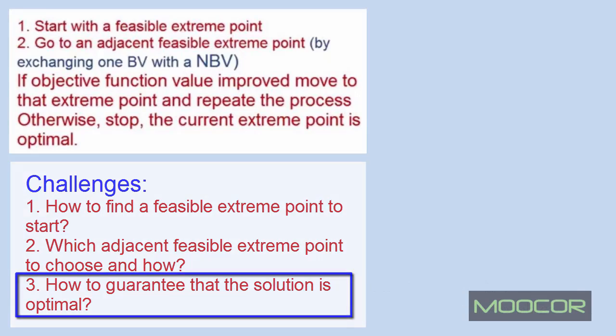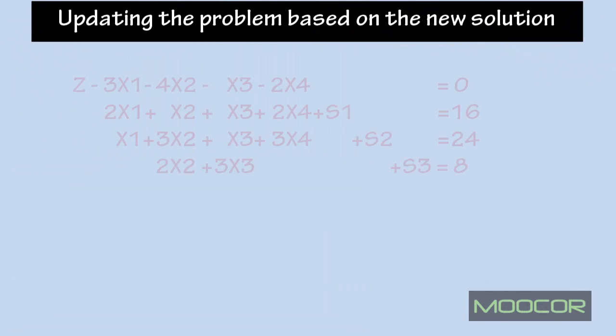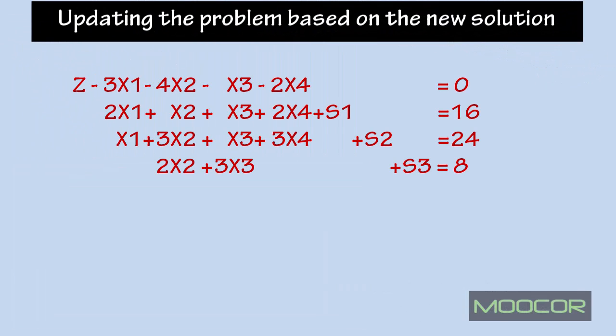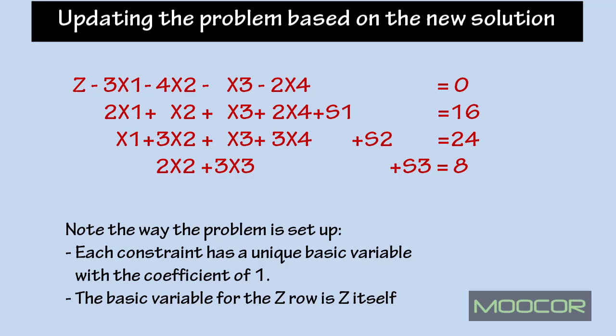In each one of the problems, you notice that I have a basic variable. In second one s1, third one s2, and the last one s3, and of course on the 0, z is always the basic variable, and it remains as basic variable throughout.